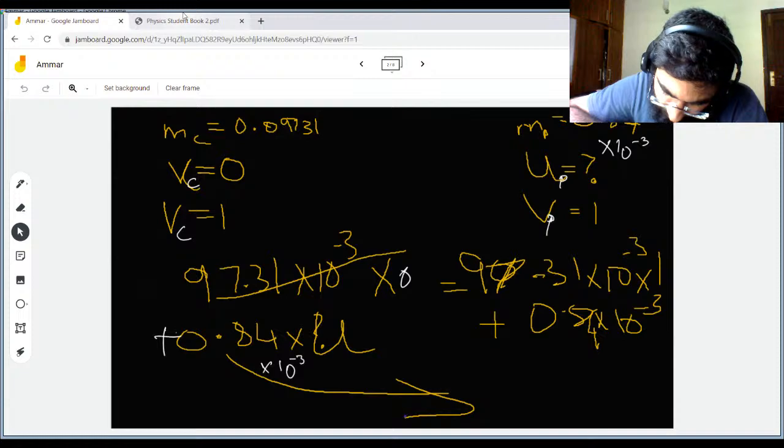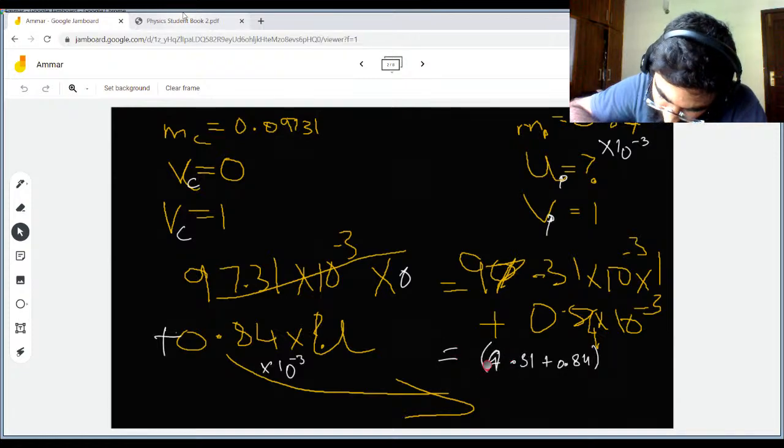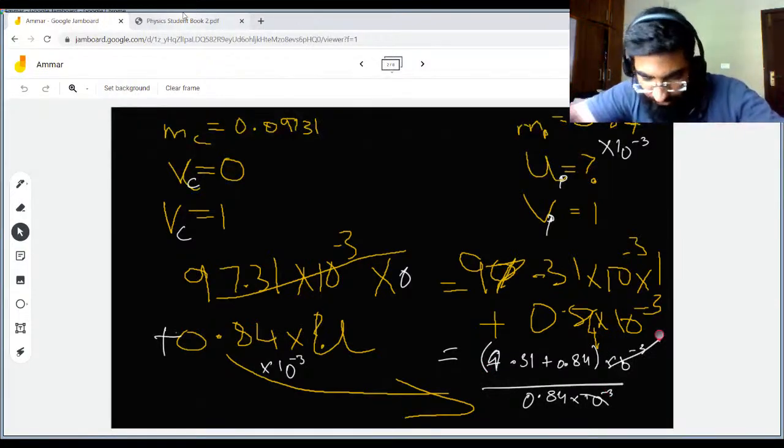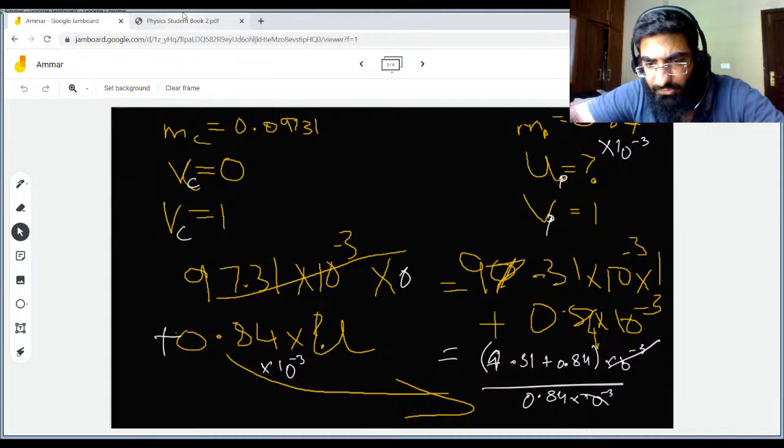It will be 97.31 plus 0.84, divided by 0.84.